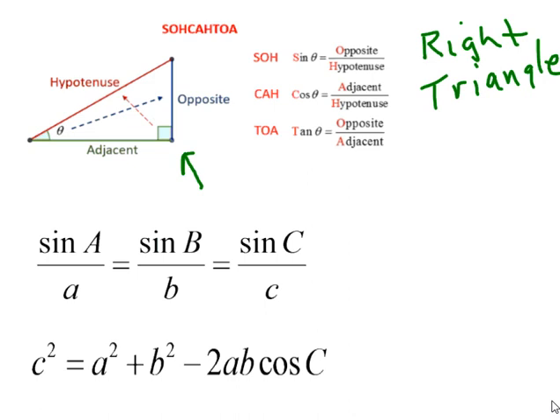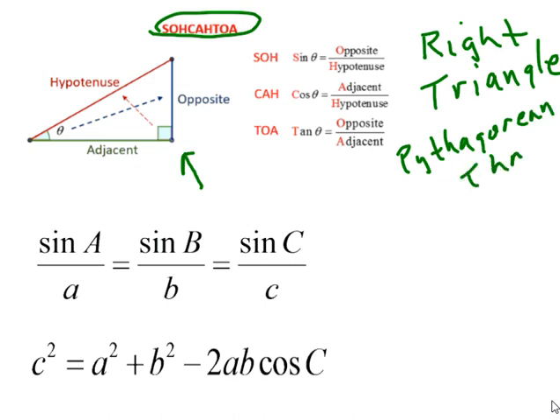The other thing that you can use when you have right triangles is the Pythagorean theorem, that a squared plus b squared is c squared. So those are your main tools right there, okay?